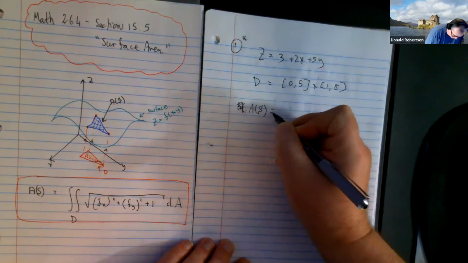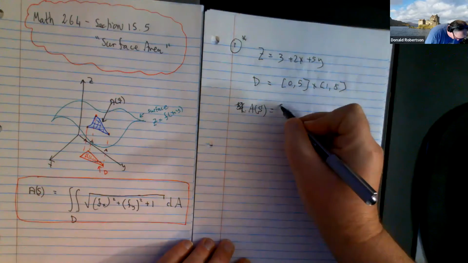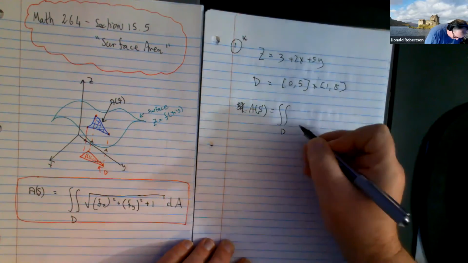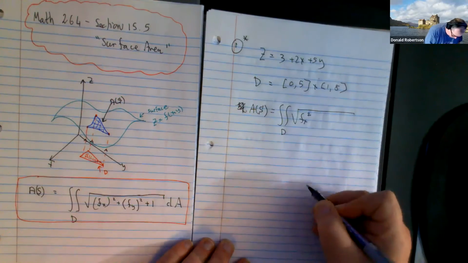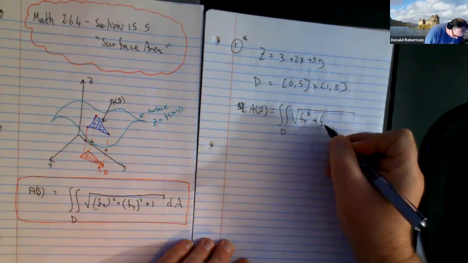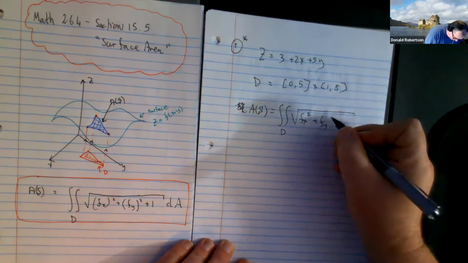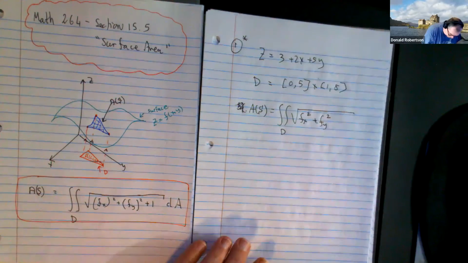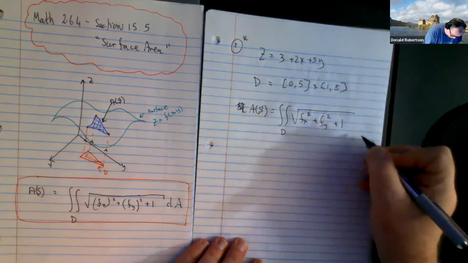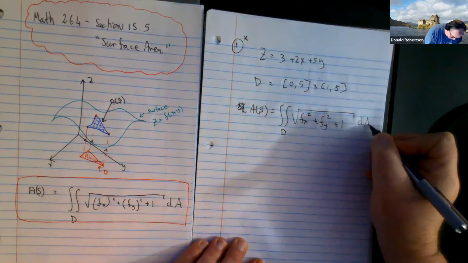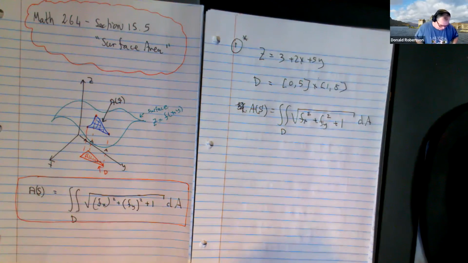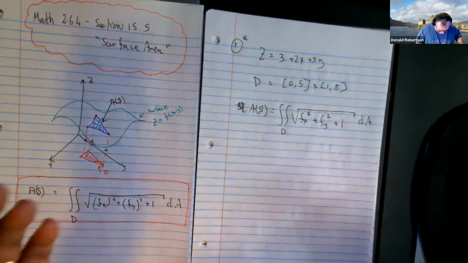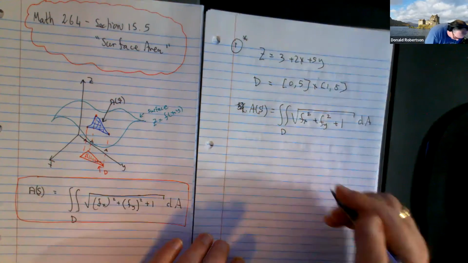The area of the surface is going to be the double integral over D of the square root of the partial derivative with respect to x squared plus the partial derivative with respect to y squared plus 1, dA. If you wonder where the 1 comes from, it's the partial derivative of z with respect to z, so it gets you 1.